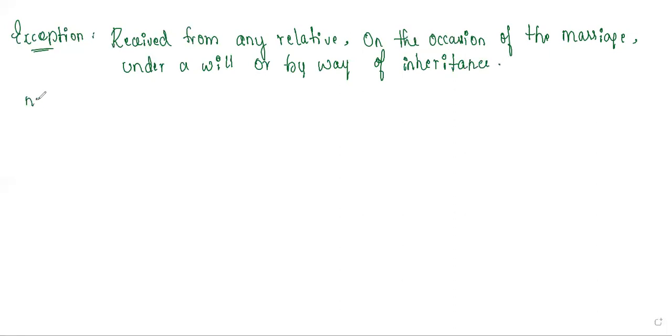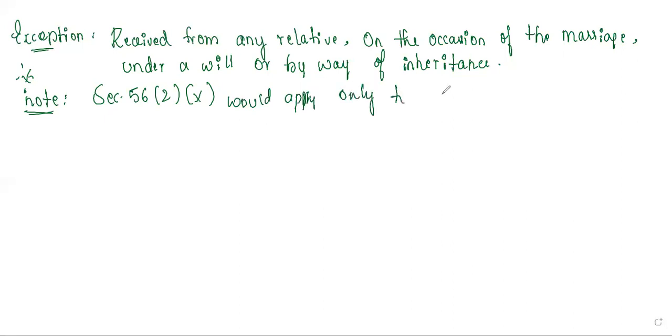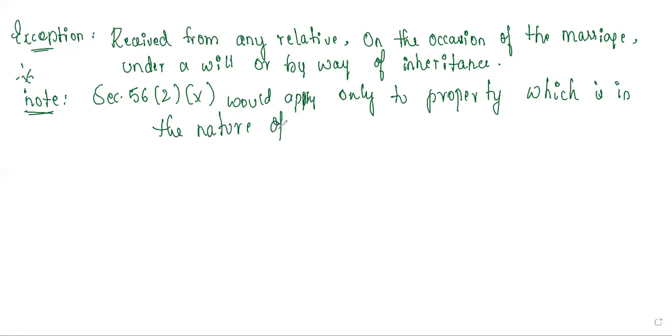Again in this exception, you have an important note. Note down: Section 56, subsection 2, clause H. This comes under gifts, the income that you get from the gift. This would apply only to property which is in the nature of a capital asset of the recipient.